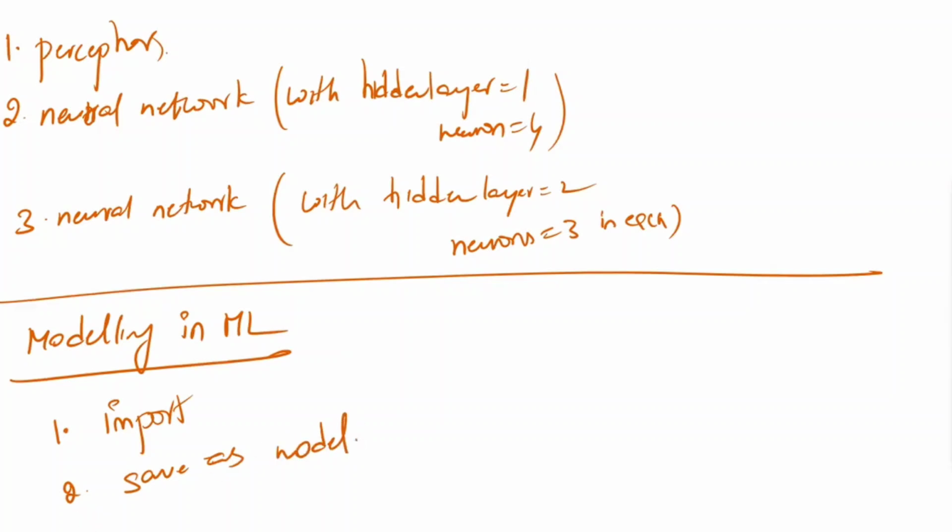And third is model.fit. We have done the fit. These are the 3 steps we have done. But here import remains the same, fit remains the same, but the model is not fixed. You have to select the model as per your requirement. You have to design your own neural network.